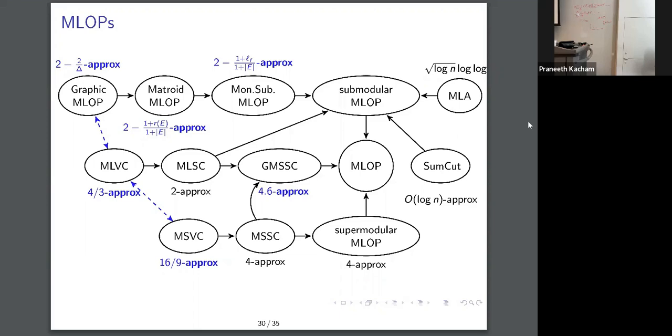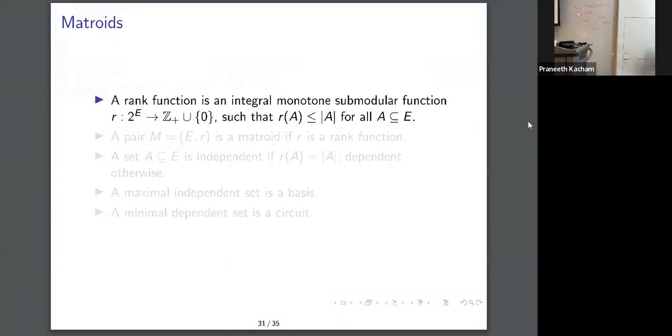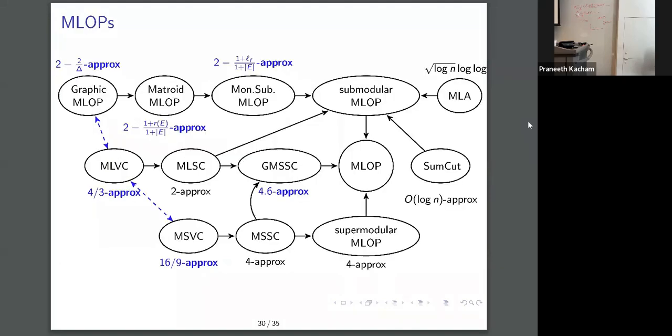And we are going to mainly talk about monotone submodular MLOPs, where that submodular function f is non-decreasing and non-negative. And some special cases of the functions that are monotone and submodular are rank of a matroid or rank of a graphic matroid that we're going to see. But the first thing is to further characterize and even check whether these special cases are even NP-hard.